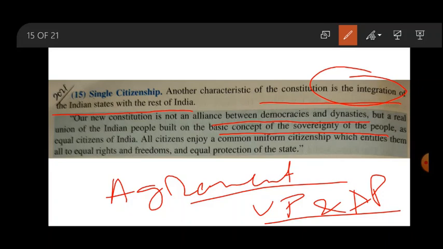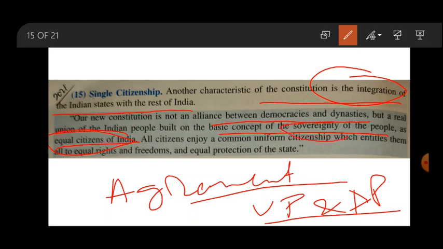It is based on equal citizens of India. So no citizens of India are to be treated with extra care or enjoy extra privileges or extraordinary law. It is totally built on the basis of equal citizens of the country.